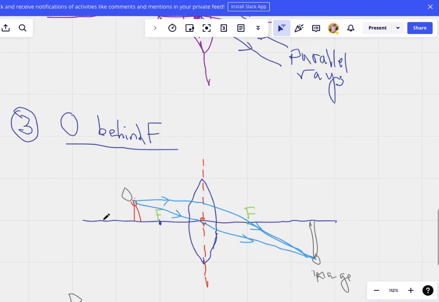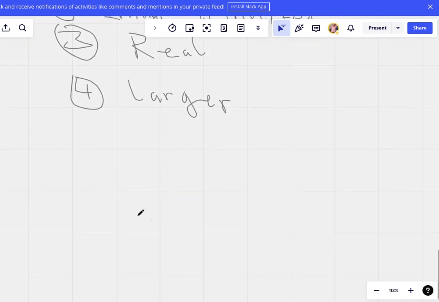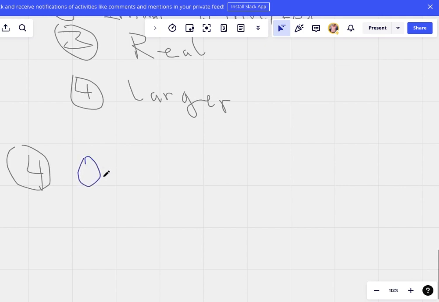The next one is on 2F. There's what we call 2F. Number 4, object on 2F. When you put the object on 2F.